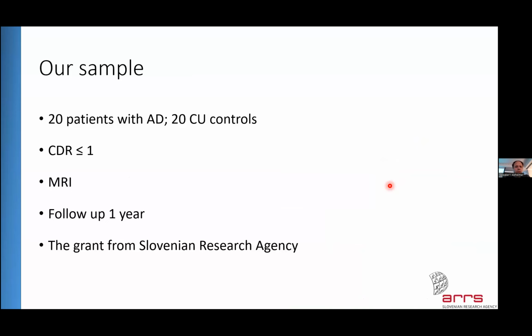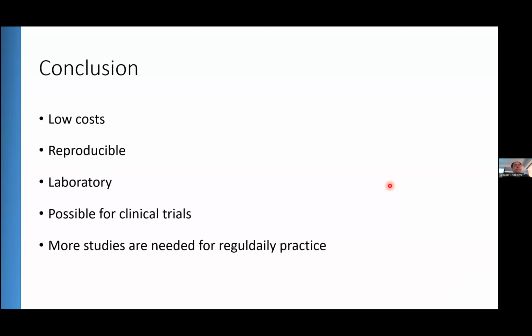At the moment, we are in the phase of analysis, and it seems that we could also use those tests to distinguish patients with Alzheimer's disease from the cognitively unimpaired.